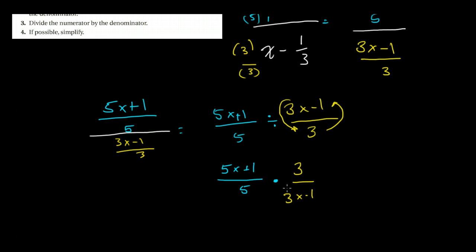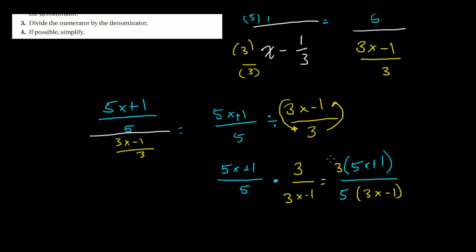So our goal here will be to multiply that 3 times the quantity 5x plus 1, over 5 times that quantity 3x minus 1.